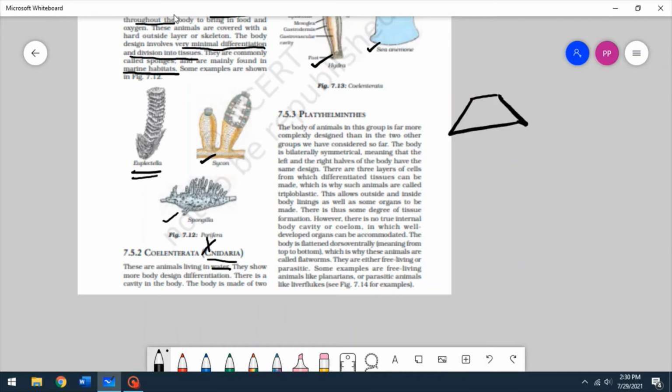So bilaterally symmetric means if I cut it vertically through the center, it gives me two symmetric sides. So this side is symmetric with this side. But if I had divided it horizontally, they would not have been symmetrical. So a trapezium is bilaterally symmetrical. Similarly, platyhelminthes are bilaterally symmetrical.